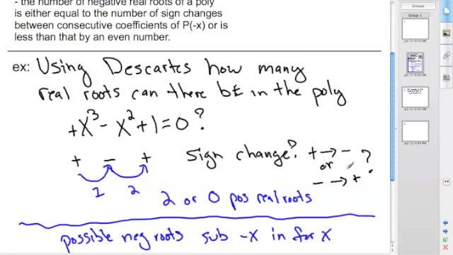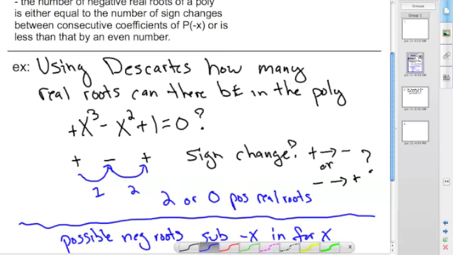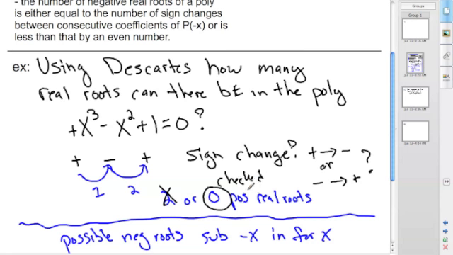So again, using the calculator, we know it's 2 or 0, but it's no longer 2. We know it's 0 because we checked with the graph on the calculator.